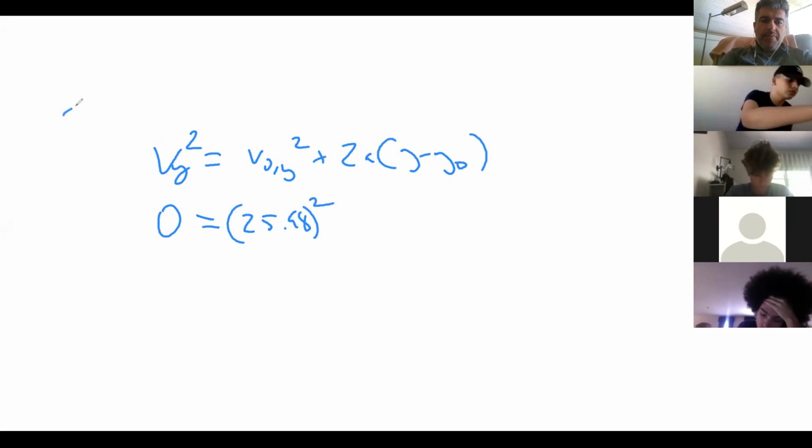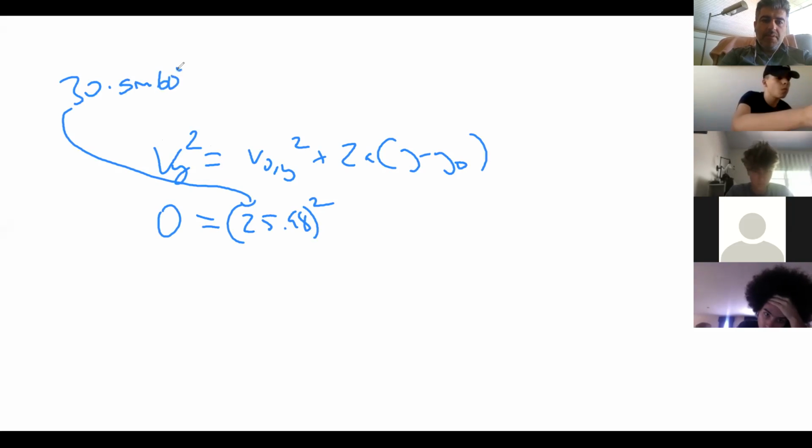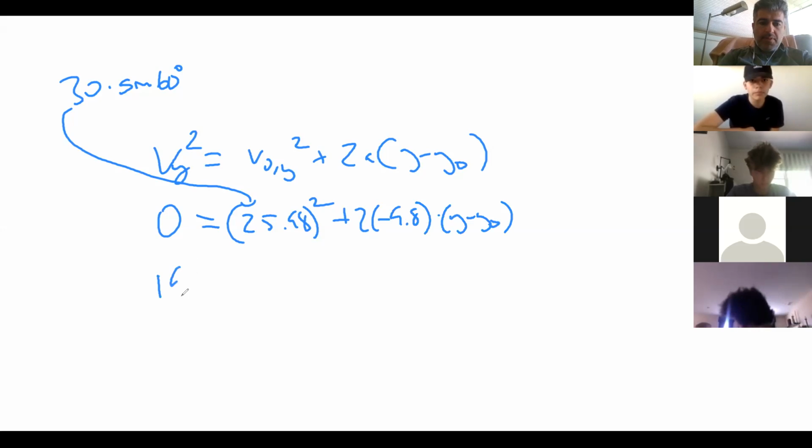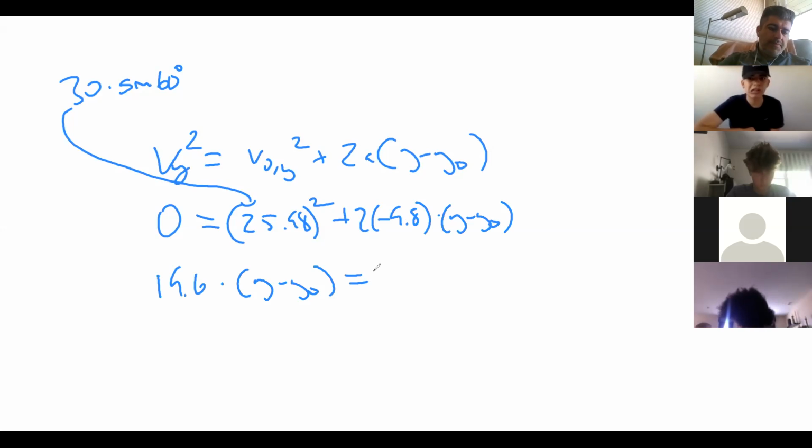That's 30 times the sine of 60 degrees. So plus 2 times negative 9.8. Hopefully you did negative 9.8. If you work all that correctly, you should get 19.6 times y minus y0 on this side, and 25.98 squared gives you 674.96.